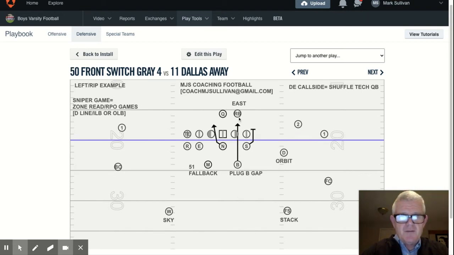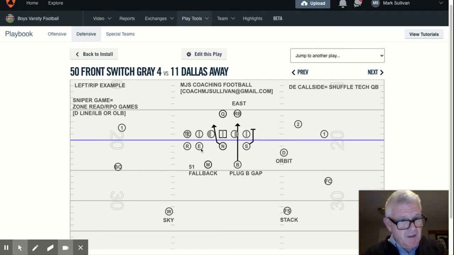So anytime our halfback offsets to our right, we say east. Again, you look at a map of the U.S., the east coast is on the right, west coast is on the left. And this is the only time we use east and west. So if the halfback were to switch, it would be check west. And so east tells the stud, because the stud's always right, he's in it. East tells the nose to go left, because the nose goes away in the sniper game.